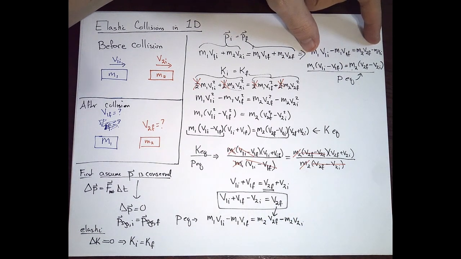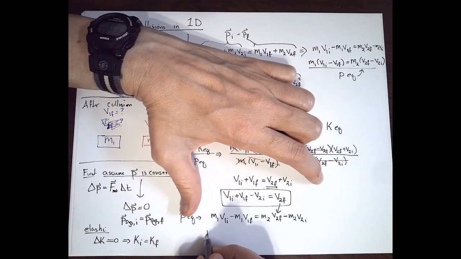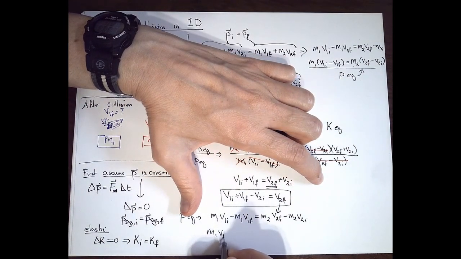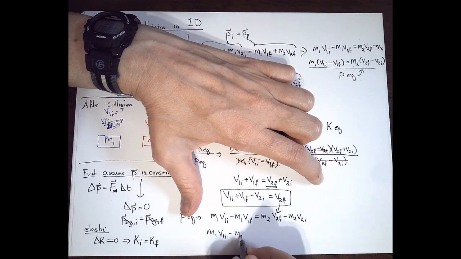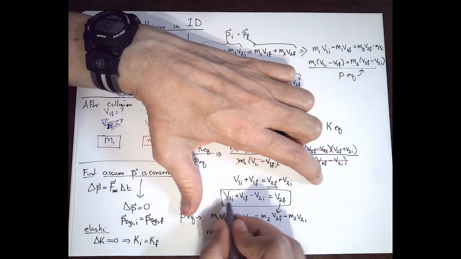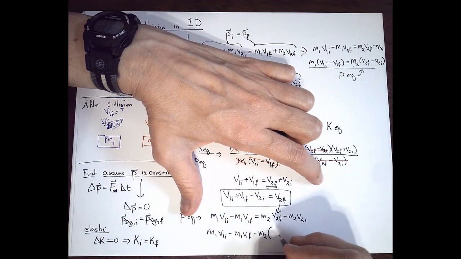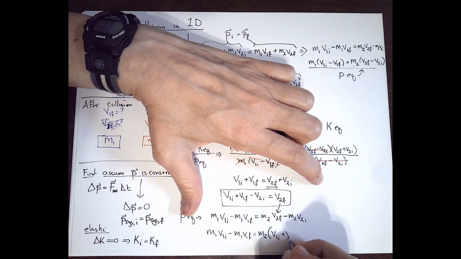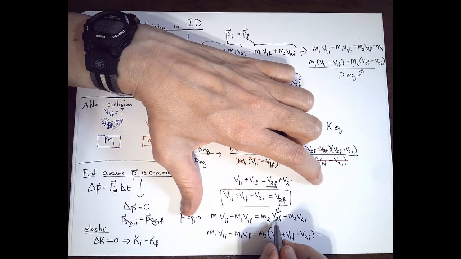And I'm just going to sub that in right there. M1 V1 initial minus M1 V1 final equals M2, and then all of this subbed in for V2 final: V1 initial plus V1 final minus V2 initial. We've got all of that stuff in.